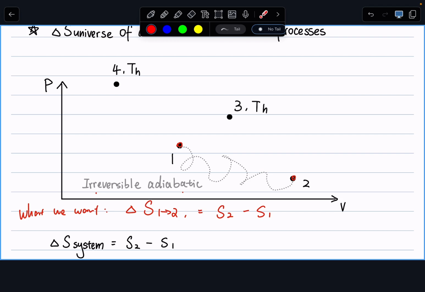Delta S 1 to 2 is S2 minus S1, and this is S3 minus S2, S4 minus S3, plus S1 minus S4. Every term cancels out, like we expect. It's a cyclic process, and entropy is a state function, so the integral must vanish to be 0.